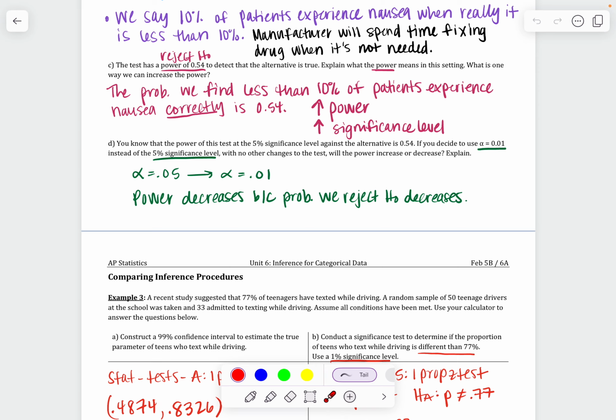Well, if I'm going from 5%, which is 0.05, to 0.01, I'm decreasing my chance of rejecting the null. Therefore, the power is going to decrease because power depends solely on you correctly rejecting the null. So if the probability of rejecting overall goes down, your power is going to go down because they have a direct relationship.